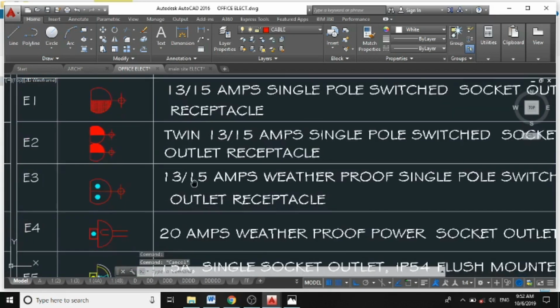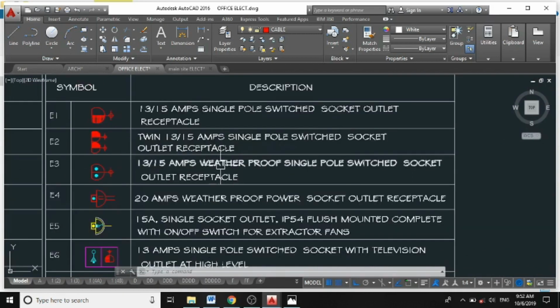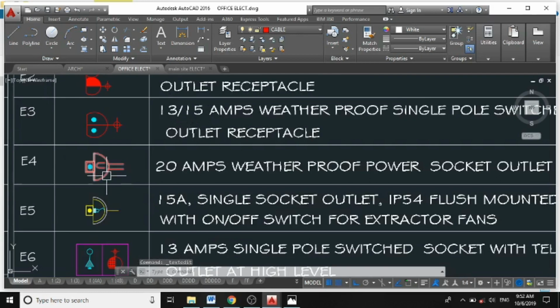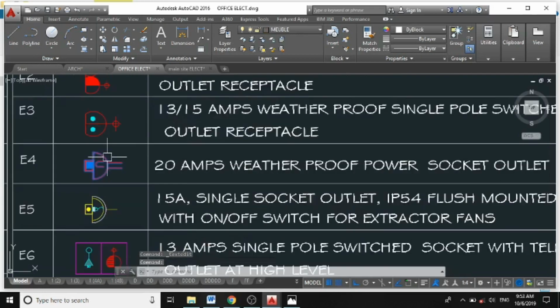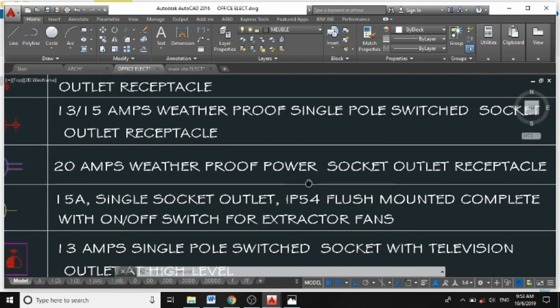So we still have this symbol which simply represents either a 13 ampere or a 15 ampere weatherproof outlet, weatherproof socket, which is one of the types of sockets we've explained earlier. Moreover, I have this symbol which I use to represent a 20 ampere weatherproof power socket outlet.